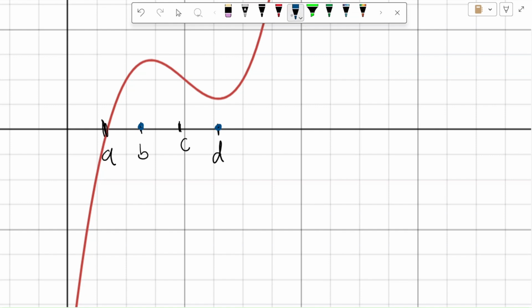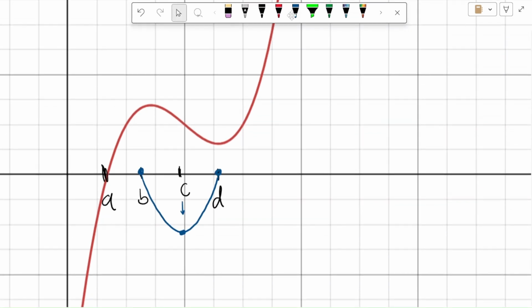Now, since we are sloping down, I expect my picture of f dash to go underneath because it will have negative values. I'm also supposed to hit a local minimum at C, a stationary point. So the derivative should look something like that in between C and D. Because the original graph is sloping down, that tells us that the graph of the derivative will go underneath the axis.